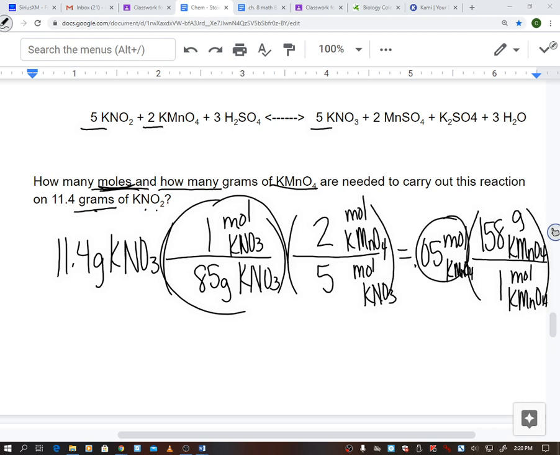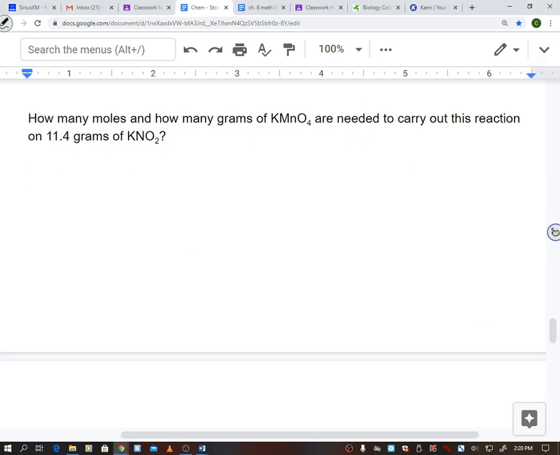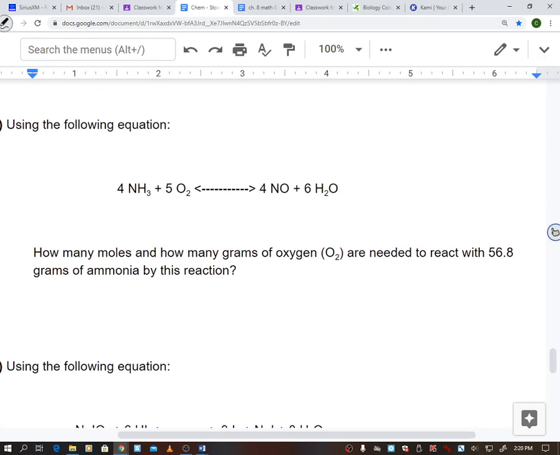So here's answer 1. My answer 2 is going to be how many grams? And that is 7.9 grams of potassium permanganate. So there's answer 1, here's answer 2. And like I said, if you feel more comfortable just rewriting the whole thing out and doing 3 steps at once, that is up to you. Saves you a little time.